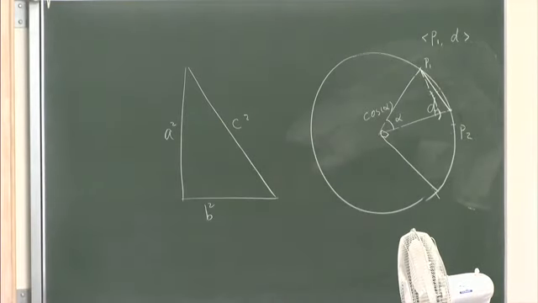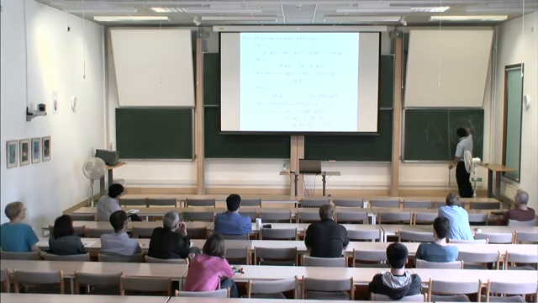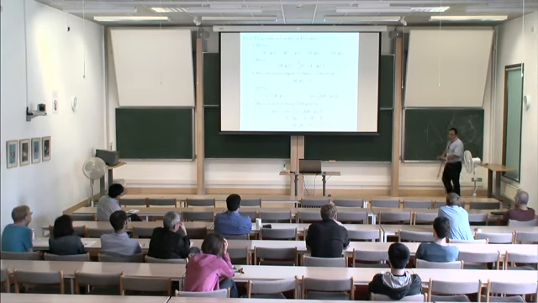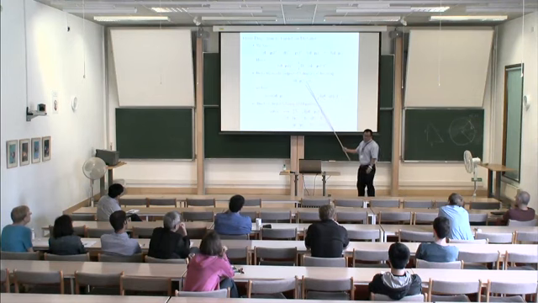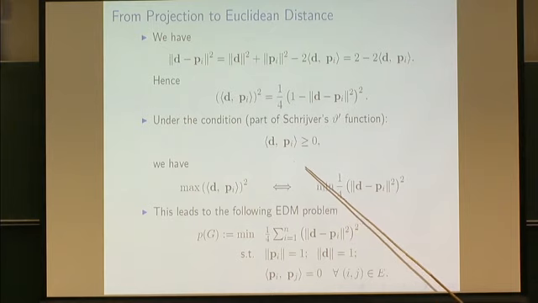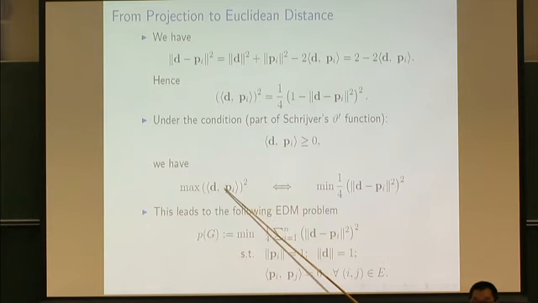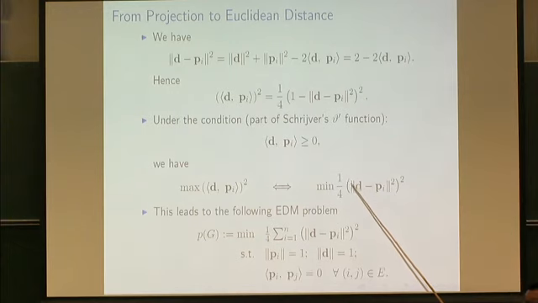If you want to maximize that, under this condition, the d, this vector, you don't know this vector. If the angle is less than 90 degrees, actually this appears in Schrijver's theta prime variant of the theta function. So this is one of his conditions. If you do that, you maximize the projection; the squared is actually equivalent to minimizing this distance.